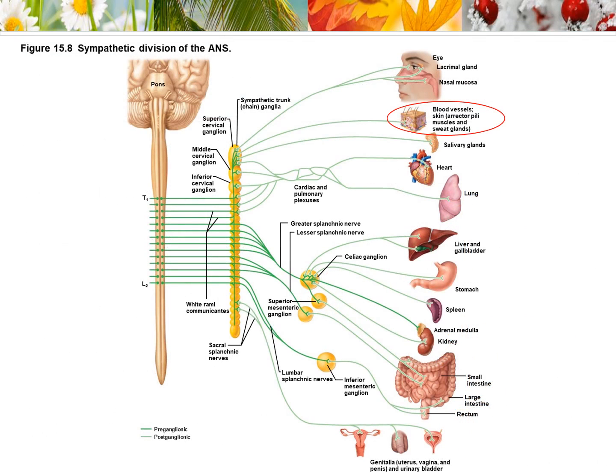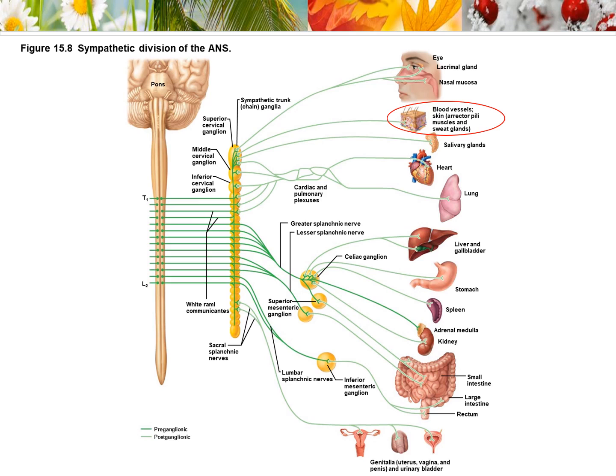So this is just showing how these preganglionic and postganglionic neurons are going to be moving throughout that sympathetic trunk or chain ganglia. If you're at that level, you can synapse right there, or you can go up and down that sympathetic trunk and synapse at a different ganglion.